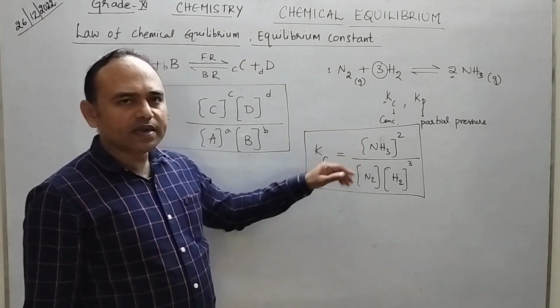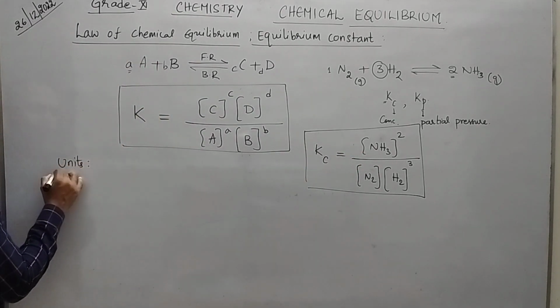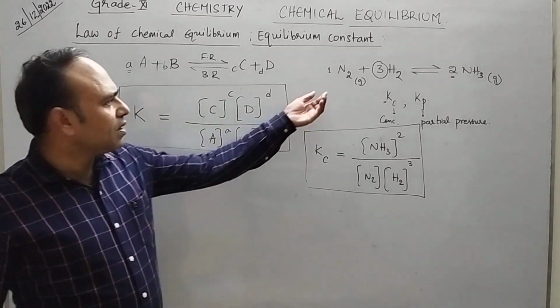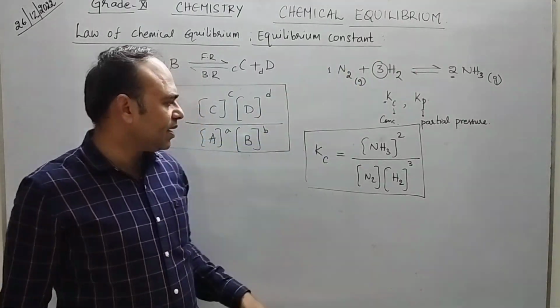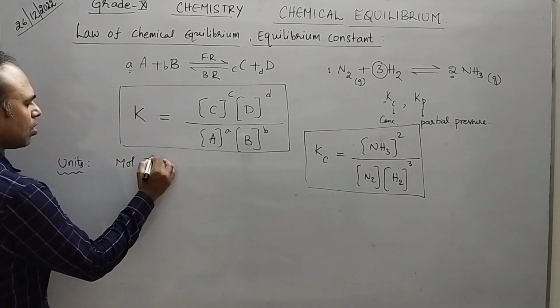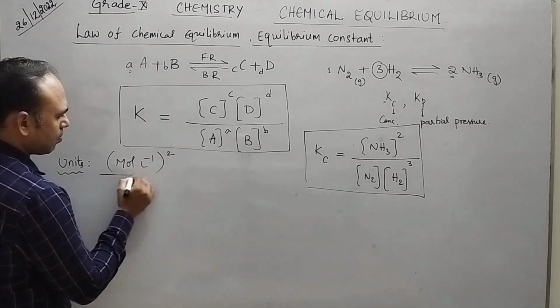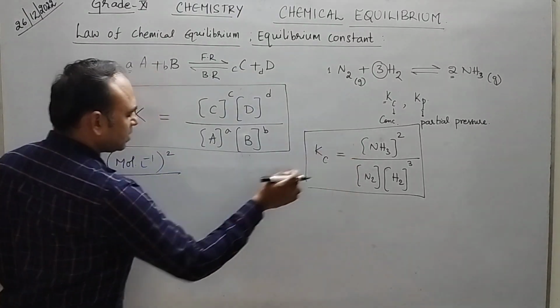Now if you want to write the units for this, let us write the units. See, the units will vary depending upon your coefficient. First one, mole per liter square, because the unit of concentration is mole per liter.